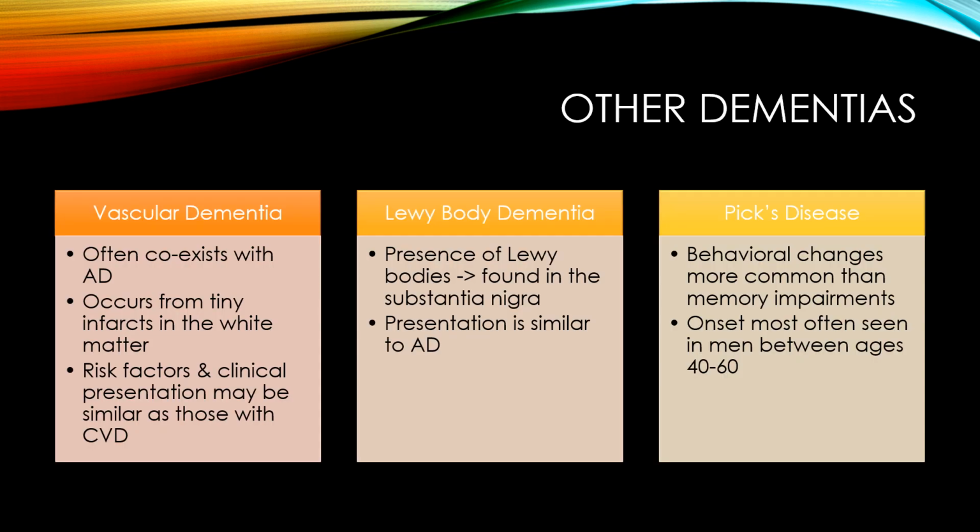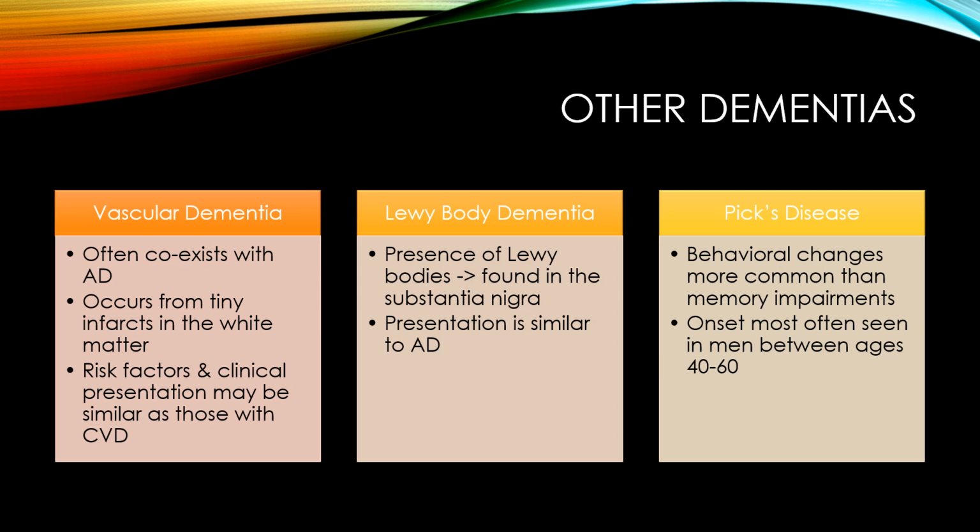So, some other dementias, as I shared earlier: vascular dementia often can coexist with Alzheimer's dementia and occurs from tiny infarcts in the white matter. Risk factors and clinical presentation may be similar to those with cardiovascular disease or cerebrovascular disease. Lewy body dementia is the presence of Lewy bodies found in the substantia nigra.